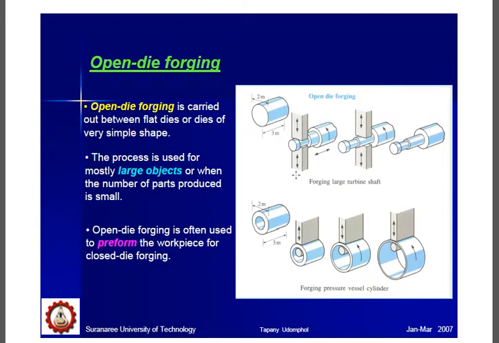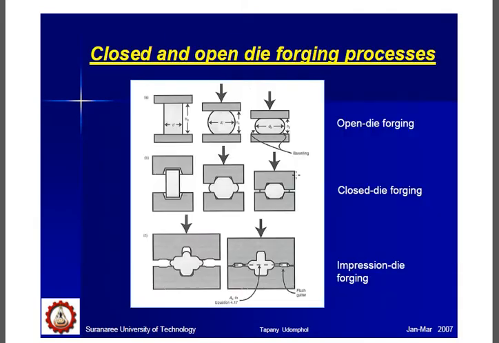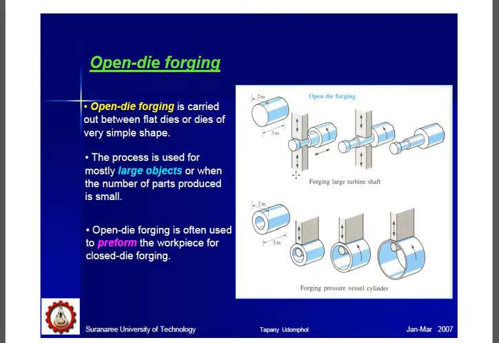So, open die forging is carried out between dies of very simple shape. The process is used mostly for large objects when the number of parts produced is small. Open die forging is often used to perform preforming for closed die forging.